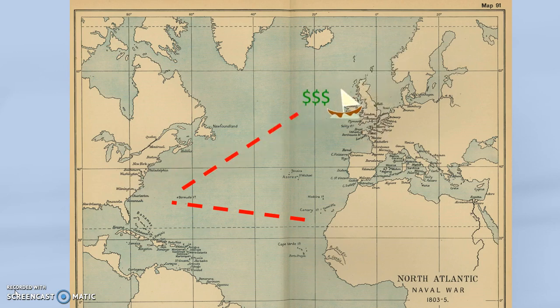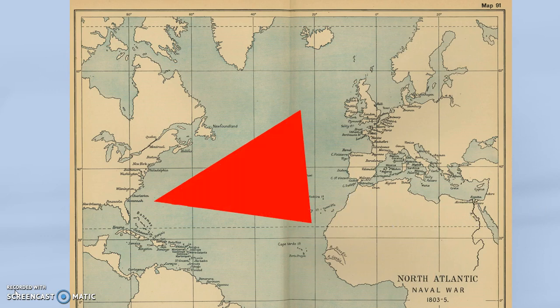Those raw materials then were used to create manufactured goods, things like clothing or guns or rum, and then those items were shipped to Africa, and more slaves were obtained. This created what is known as the triangular trade.